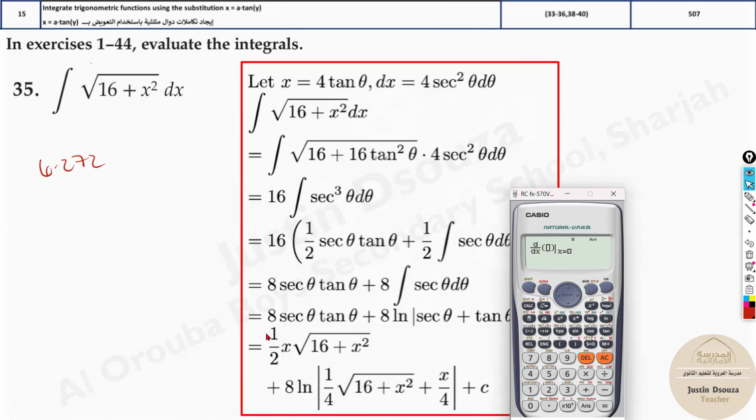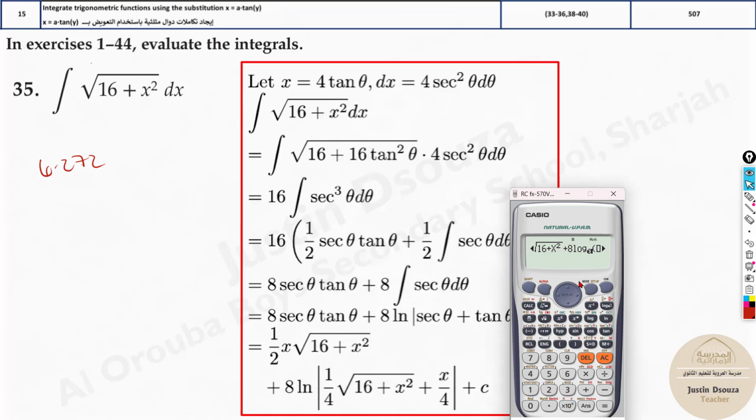Shift dy by dx, derive it at the same x value, 1.5. But before that, we need to put the equation. You need to do it for all the equations. For 0.5 multiplied by x multiplied by, you can avoid that multiplied because it's all variables, it'll automatically be multiplied as well. Square root is over here, 16 plus x squared. Then you need to press next, and now plus a, don't press ln, press log base e, alpha, this symbol over here.